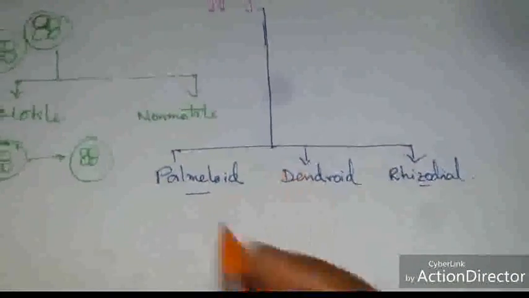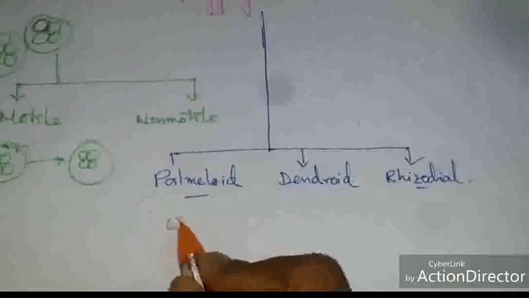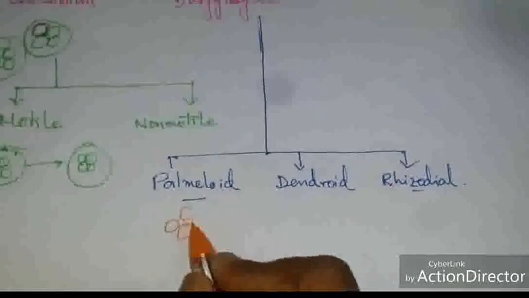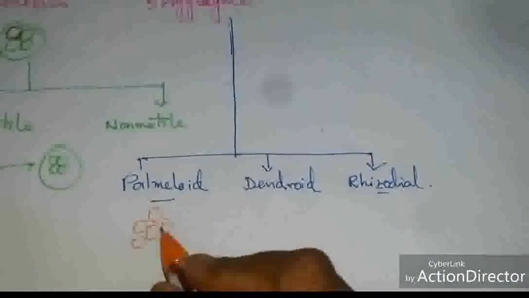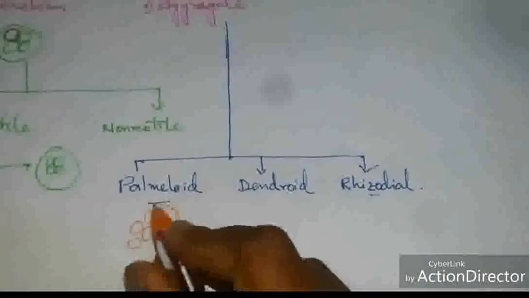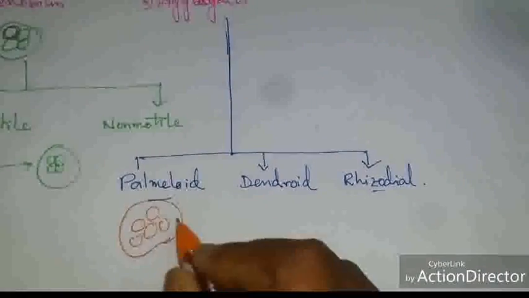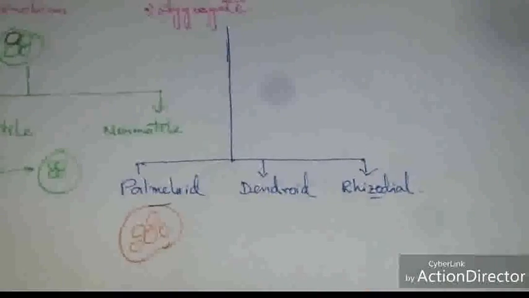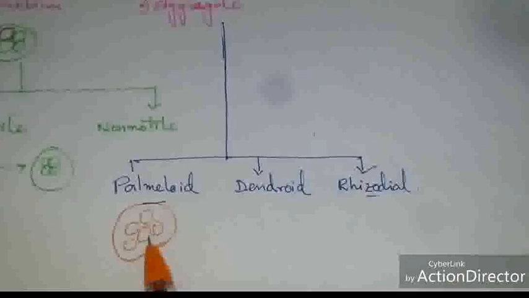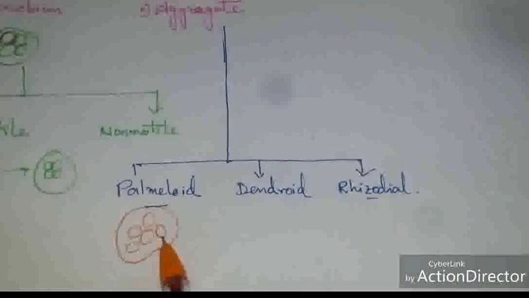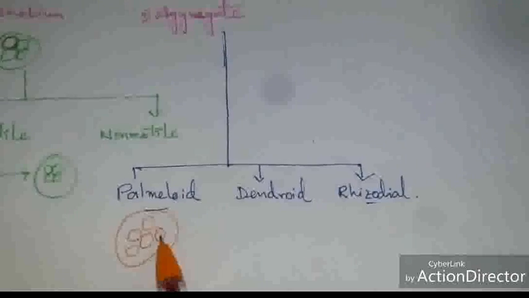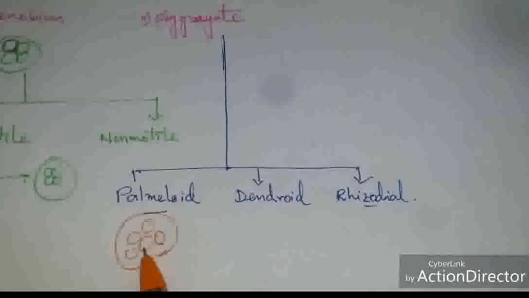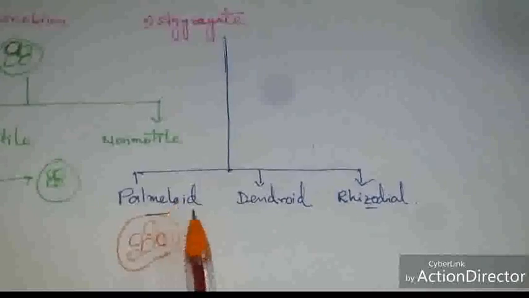Palmelloid means non-motile cells are gathering together and form a mass of cells. So here all the cells can perform their function individually, so they are not dependent on each other in palmelloid thallus.